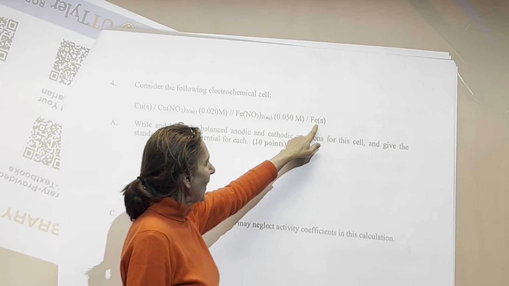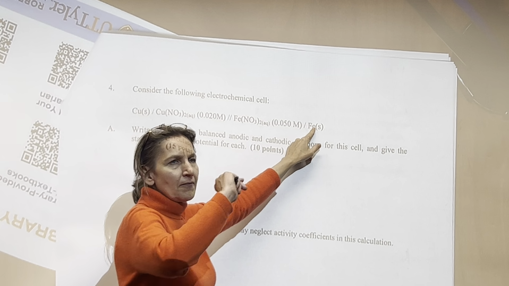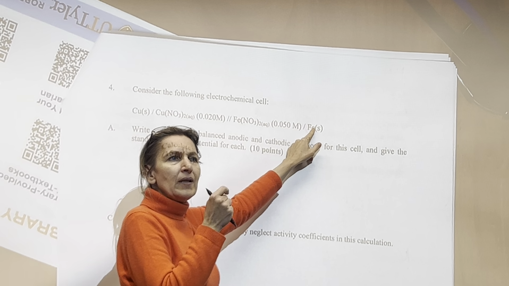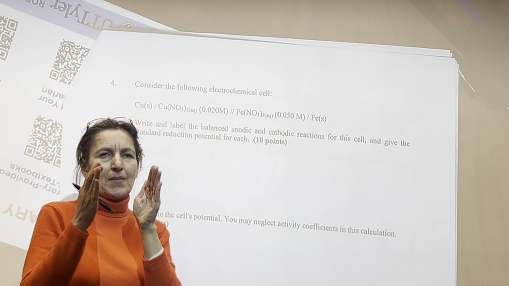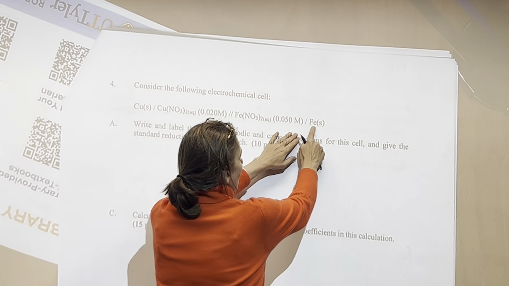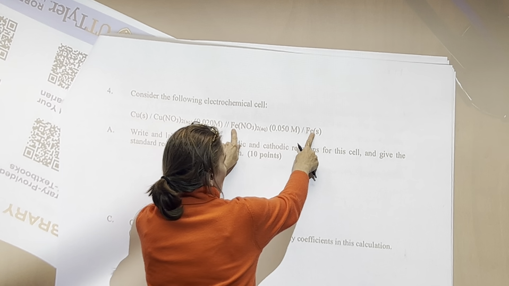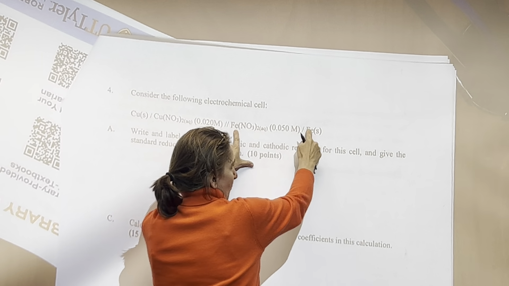So our cathode is iron. It can be just a piece of metal that is conductive. We need to look for two elements, or the same element in two different oxidation states. What do we have? We have iron and iron 2+. So we know iron 2+ will be reduced to iron.